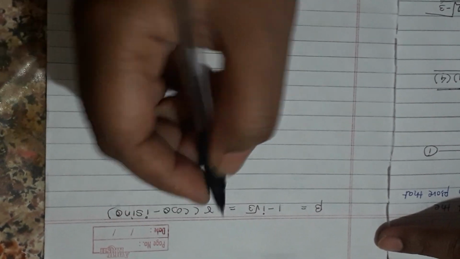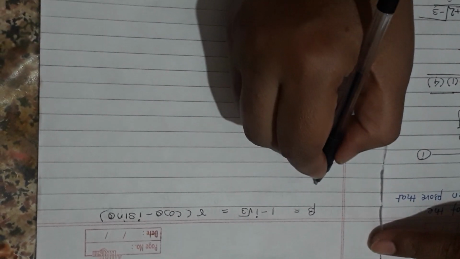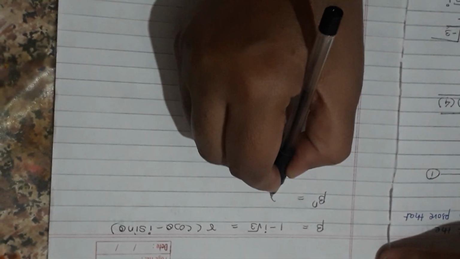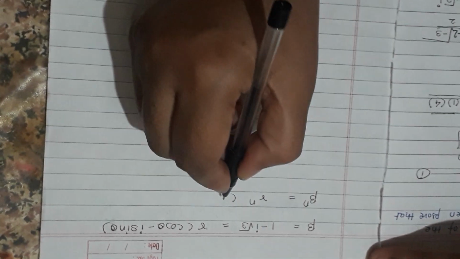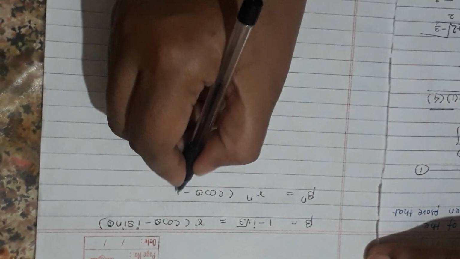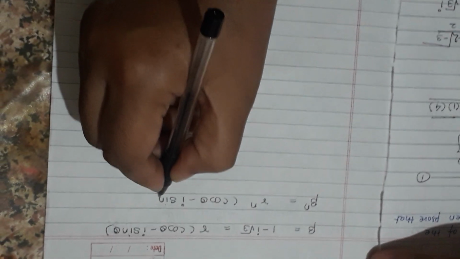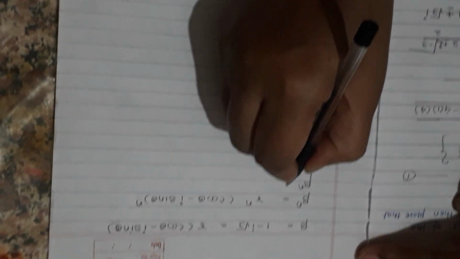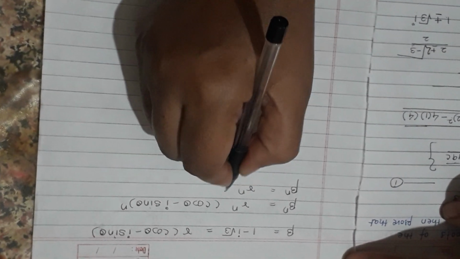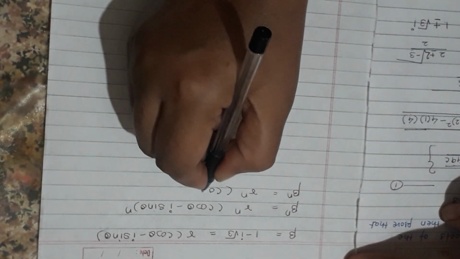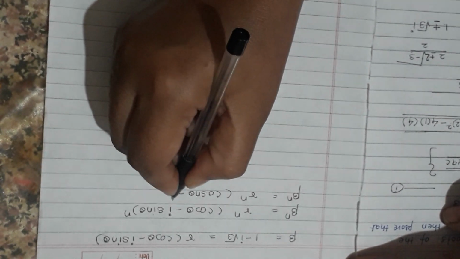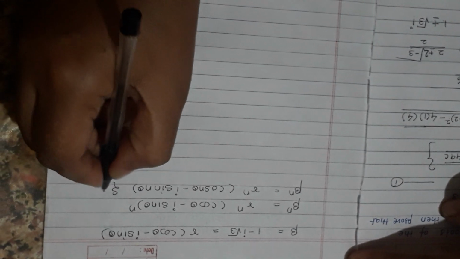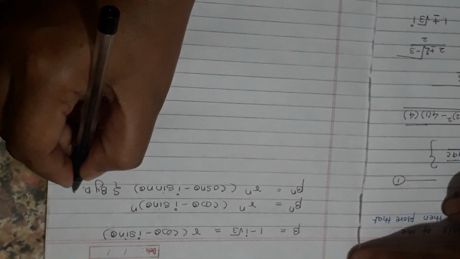Again they have the same value of r and theta, so we write here beta raised to the power n. Here is r raised to n, again here is cos theta minus i sin theta raised to n, and therefore by De Moivre's theorem we write the result, that is equal to cos of n theta minus i into sin of n theta.